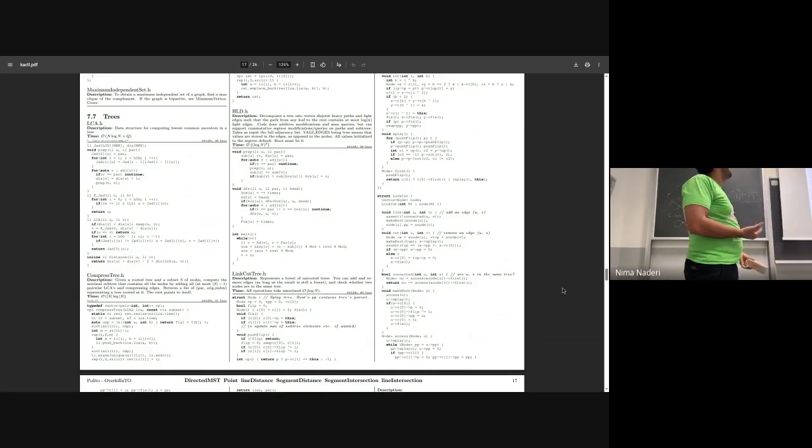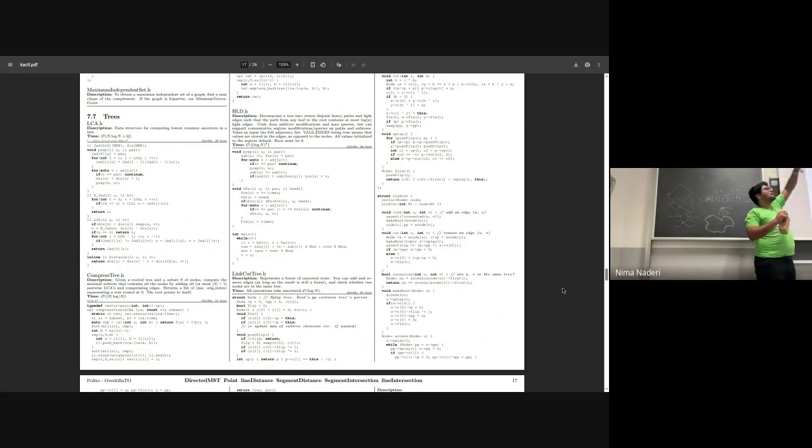It would be really useful to find the distance on the tree, because the distance of U to V on the tree is distance from 1 to U plus distance from 1 to V, but we counted the part from LCA to 1 twice. So the sum of these two minus twice the distance from LCA to 1. Really easy.